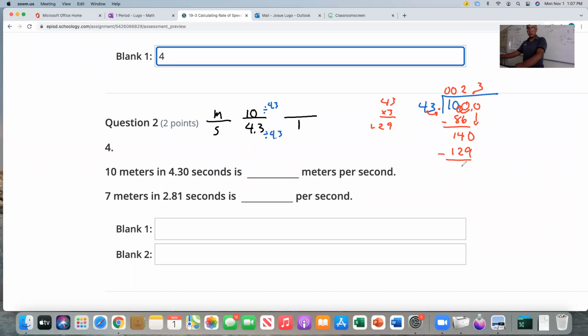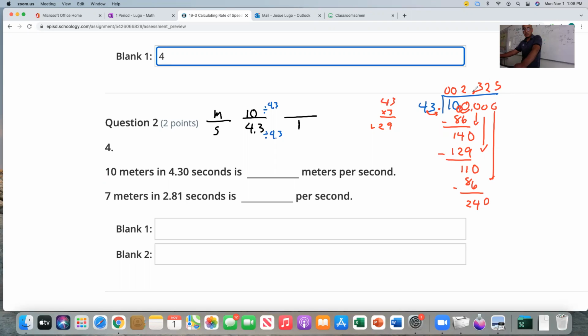Let's subtract and we get a remainder of 11. Let's bring down a 0. 43 goes into 110 twice, I believe. That again is 86. And my remainder is 24. And let's bring down a 0. And 43 goes into 240 5 times, I believe.